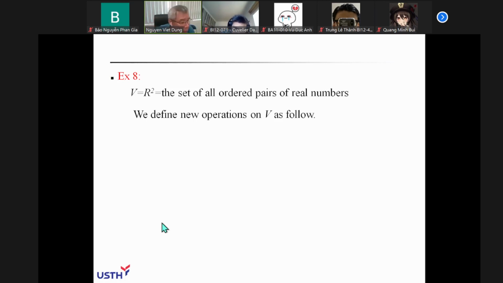I begin with a very easy case. Let's consider V to be R2. That is a set of ordered pairs of real numbers, or something like a point on the plane. But on that, we define new operations. The first one is the addition.